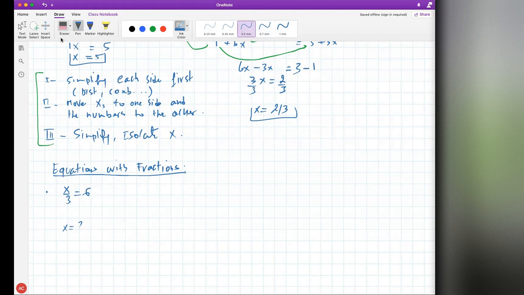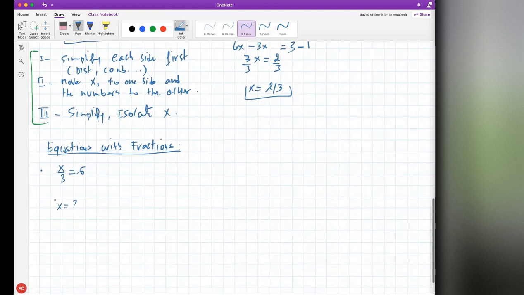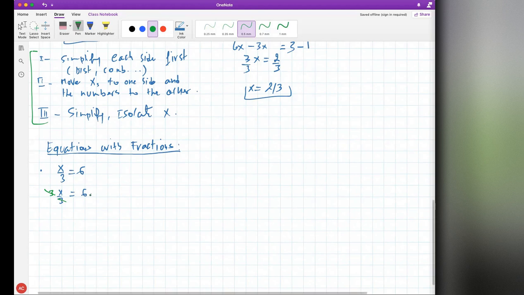So let me just write the equation again. It's x over 3. To cancel the 3 here, we just have to multiply by 3. That way, the 3 and 3 cancel out. And if you multiply here by 3, make sure you do the same thing on the other side.